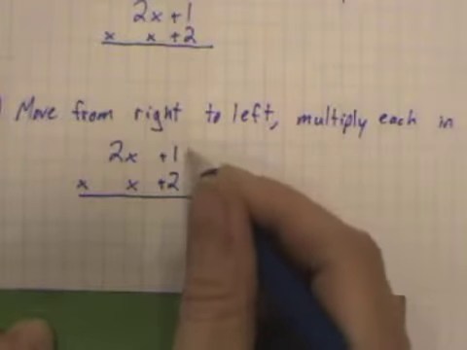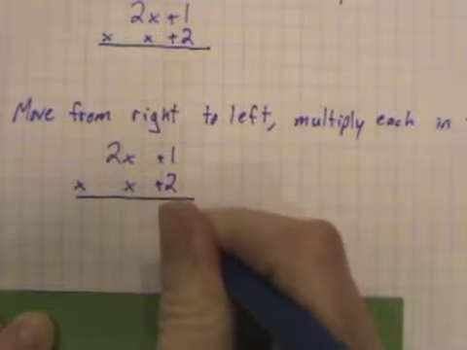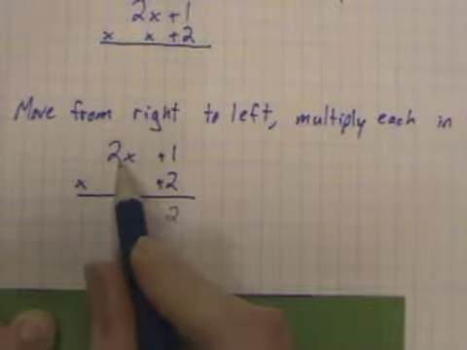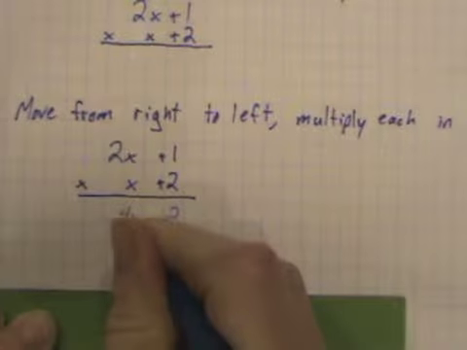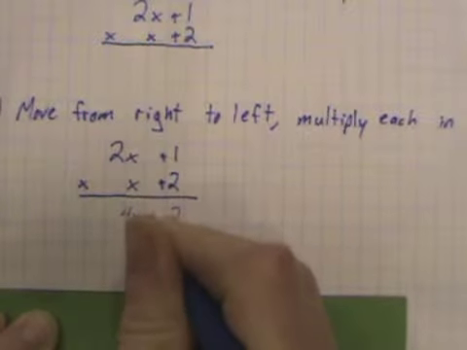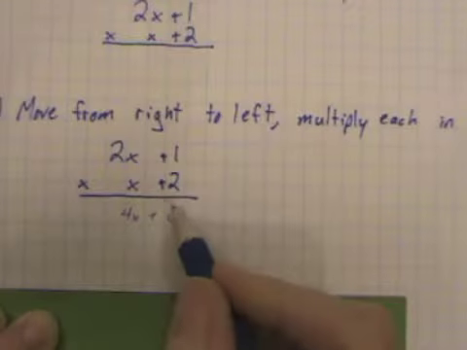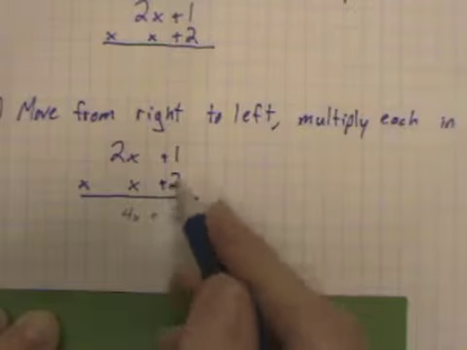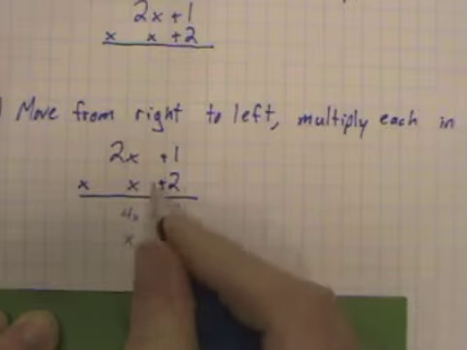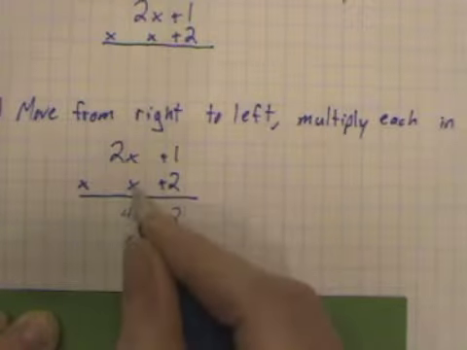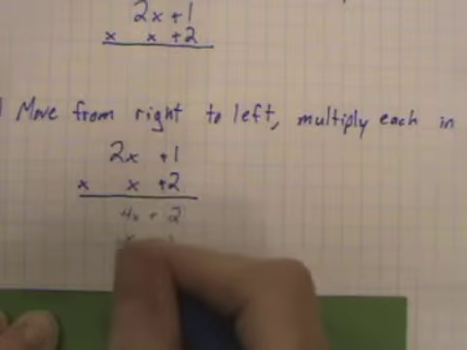So 2 times 1 is 2. 2 times 2x is 4x. Those are all positive, so I'm going to put a plus sign there. X times 1. Oops, I'm going to put this x here. X times 1 is x. X times 2x is 2x squared.